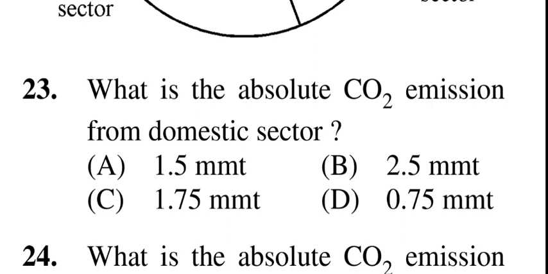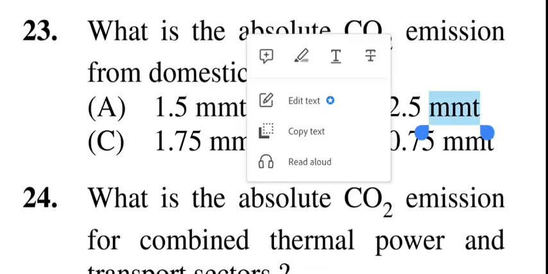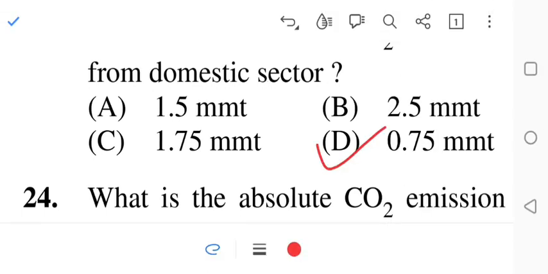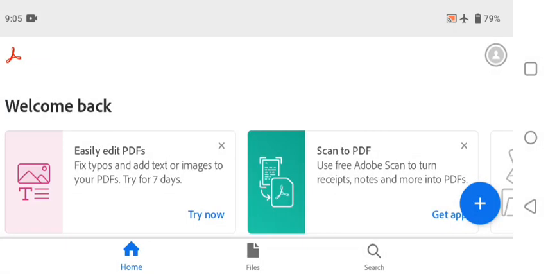What is the absolute CO2 emission from the domestic sector? 1.5 MMT, 2.5 MMT, 1.75 MMT, 0.75 MMT. The correct option will be D, 0.75 MMT. Got it?